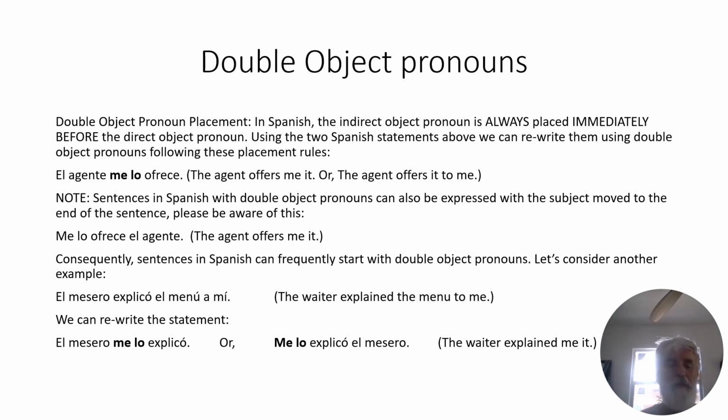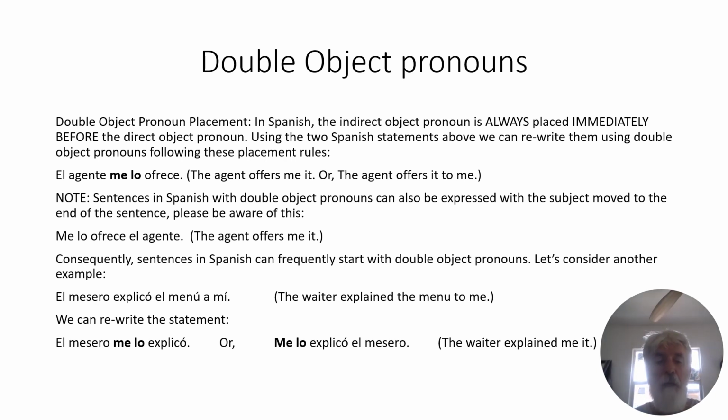The actual subject of the sentence is at the end of the sentence. And on your test, you're going to see some questions this way, possibly. So, me lo ofrece el agente is the same as el agente me lo ofrece, but your word order, you can put the subject at the end of the sentence. I'm pointing this out and taking the time because it could be a little confusing.